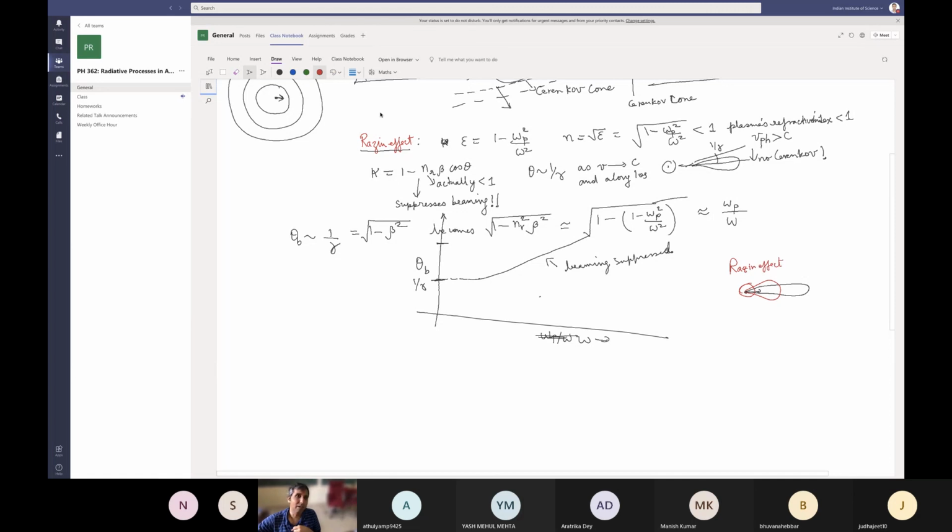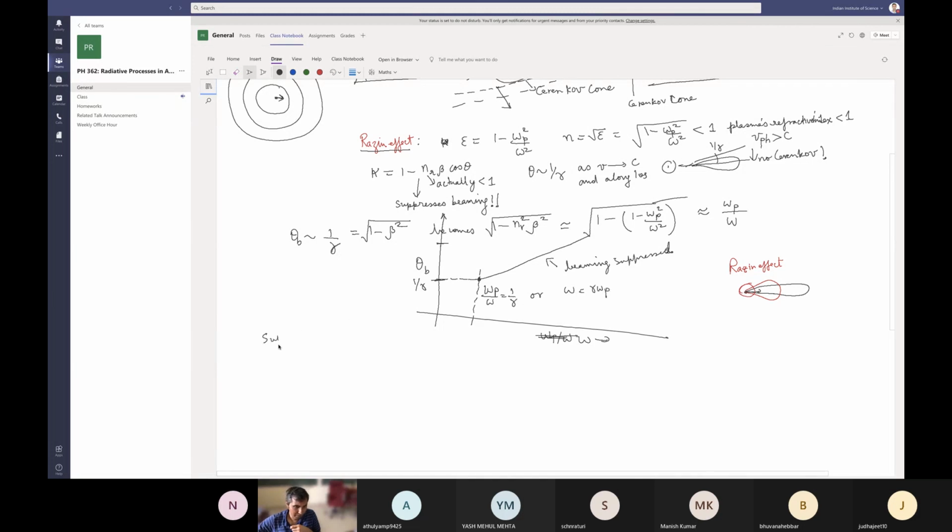And if you recall, the particle picture of synchrotron emission had this beaming in a fundamental way. Where does this transition from particle to medium effect happen? This happens when omega_p by omega is equal to 1 by gamma, or omega is equal to gamma omega_p.